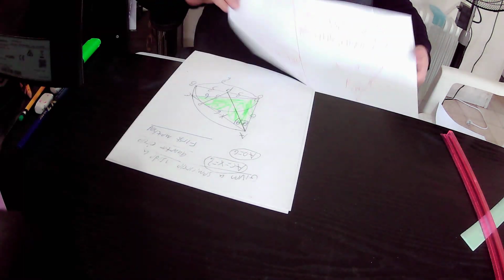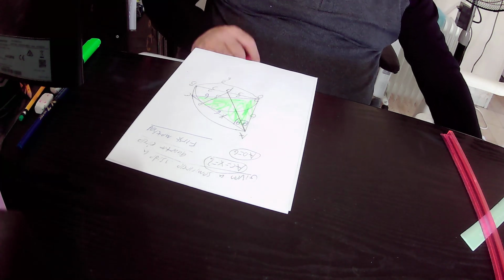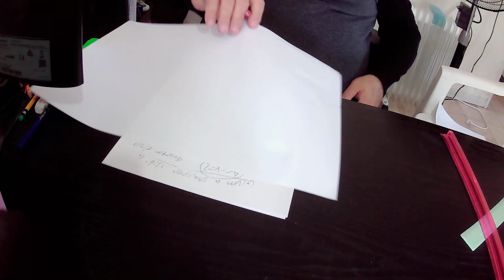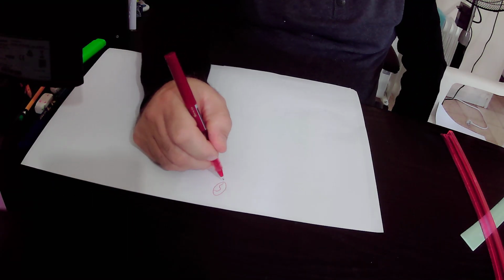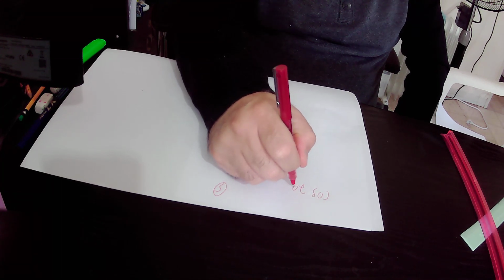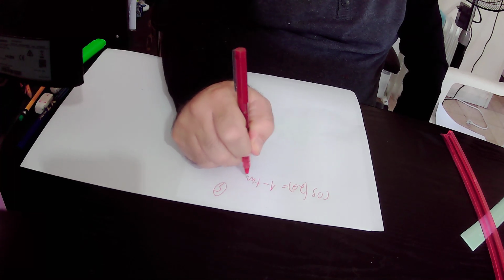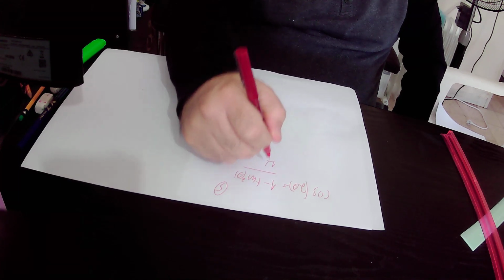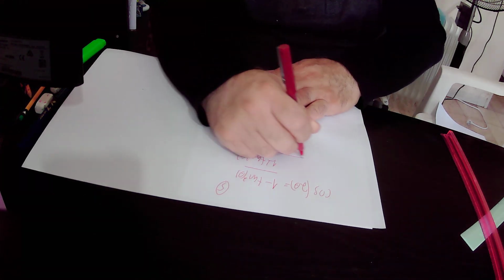In the next step, I'll present to you a trigonometric identity. The trigonometric identity is cosine 2 theta equals 1 minus tangent squared theta over 1 plus tangent squared theta. Okay?